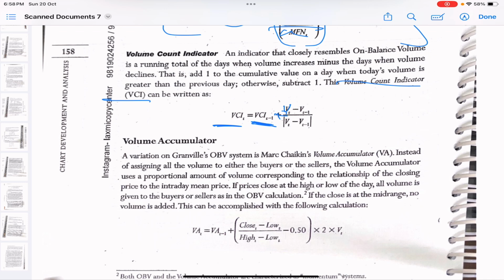All right. So you know what a volume count indicator is, right? Yesterday's volume count plus today's volume minus yesterday's volume divided by the modulus of today's volume minus yesterday's volume. Very simple. Cool.